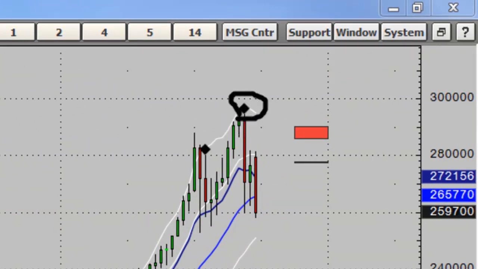So that is where we've got the monthly close below the low of the highest candle. And then we've had an attempted rally, which is very important, because that is what provides you opportunity. And now we've sold off back to the low of that candle.